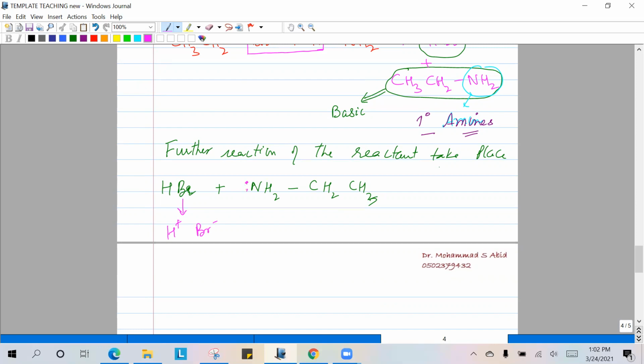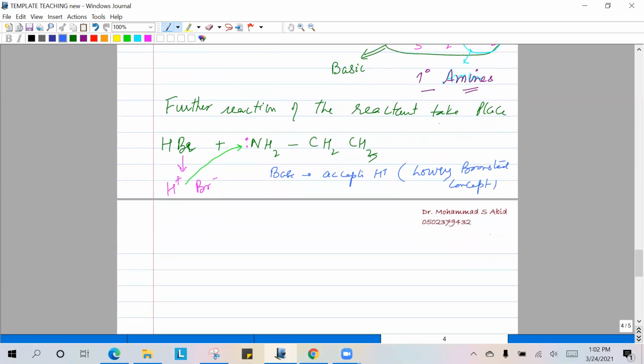This has a lone pair of electrons, so the H plus will go over here. Remember, this is according to the concept of Lowry-Bronsted. This is a base. It accepts H plus. This is the Lowry-Bronsted concept, that bases are proton acceptors. So the amine will accept the H plus.